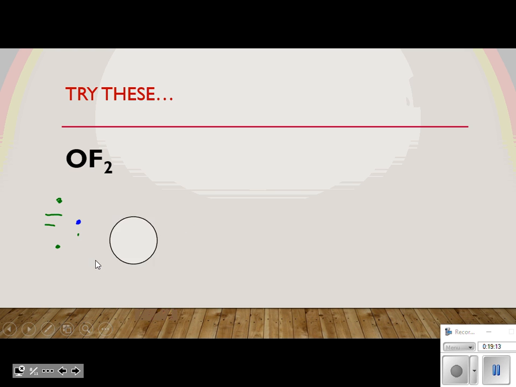Now, my next one is a little bit different here because I have a lot more stuff. I have 2 carbons, I have 1 hydrogen. Now, one thing that we're going to learn about carbon is that carbon likes to make chains of carbon.